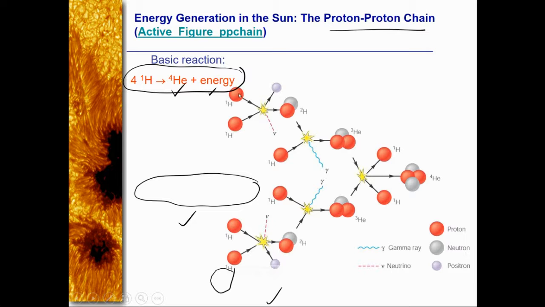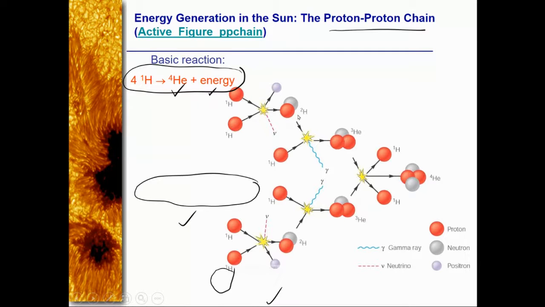So when you actually bring these two hydrogen nuclei together, and the temperature is overcoming the Coulomb repulsion, they can fuse together. A neutrino is produced, and a positron comes out, which is a positive charge.